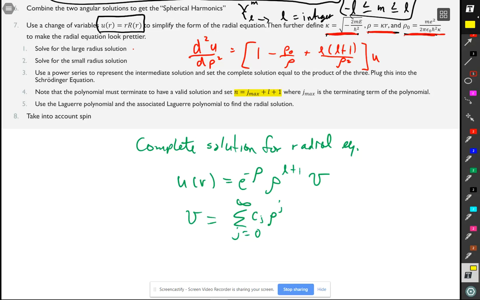And so that's where the quantum number n appeared. So now we have all of our quantum numbers, well, 3 quantum numbers appearing. The L appeared in separating radial from angulars. And then the M appeared in separating azimuthal angle from altitude angle. And then the N appeared because of our requirement that this has to terminate.